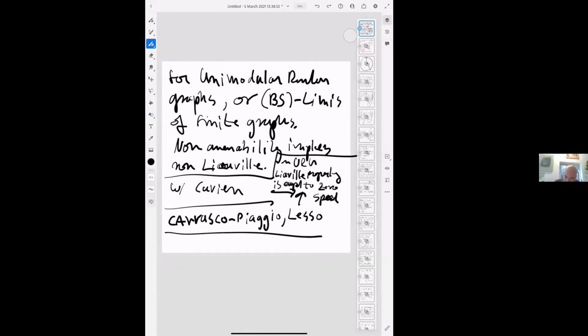So Kaimanovich-Vershik 83 holds for unimodular random graphs.